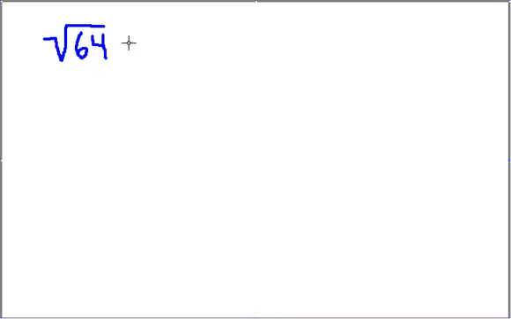Well, moving on here, the square root of 64 we already determined from the previous screen is 8 and negative 8. But let's say that the particular problem is wanting us to give the negative number that's a solution to this square root problem.